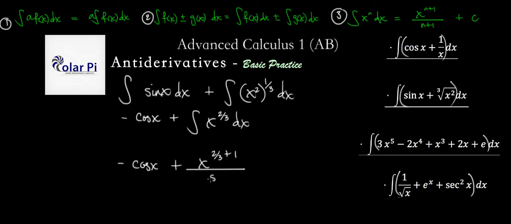It's 5/3, isn't it? So 5/3. And then we had a plus c from here and a plus c from here that we combine into just one c. So plus c here.